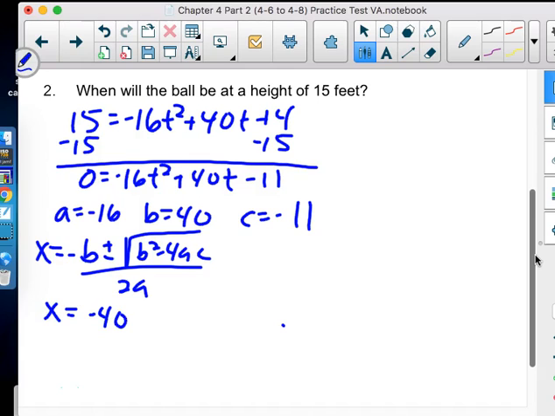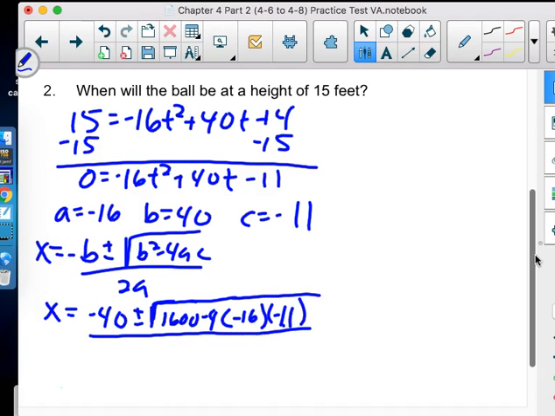So negative 40 plus or minus the square root of 40 times 40 is 1600. Again, you wouldn't have to do that in your noggin if you don't want to. Minus 4 times negative 16 times negative 11, all over 2 times negative 16, which is negative 32.